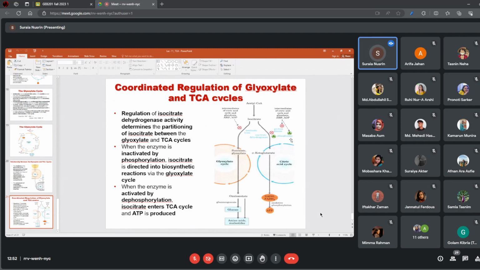They are stimulating the phosphatase enzyme, which is responsible for the dephosphorylation of the enzyme isocitrate dehydrogenase, whereas they inhibit the enzyme protein kinase. Kinase is the enzyme which adds the phosphate group to its substrate. So if it is inhibited, then the isocitrate dehydrogenase will not be phosphorylated.